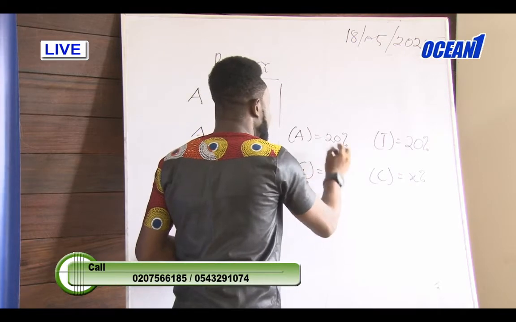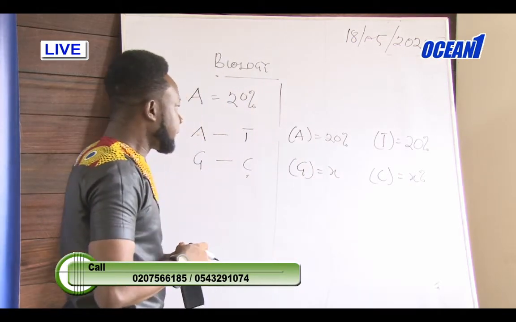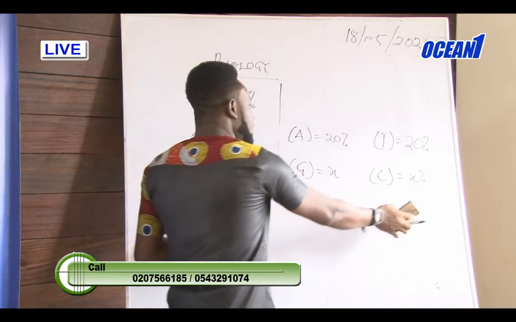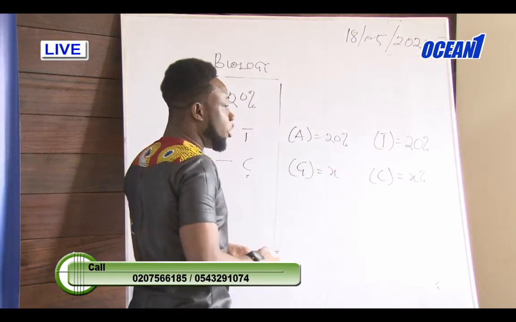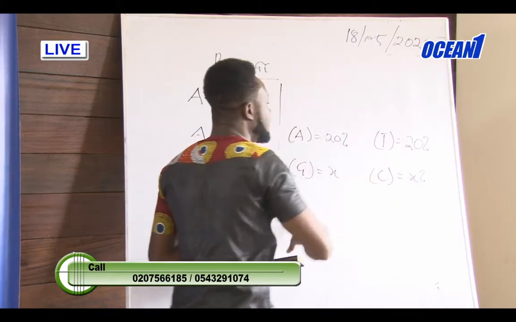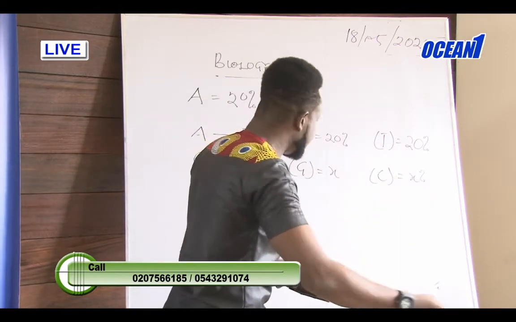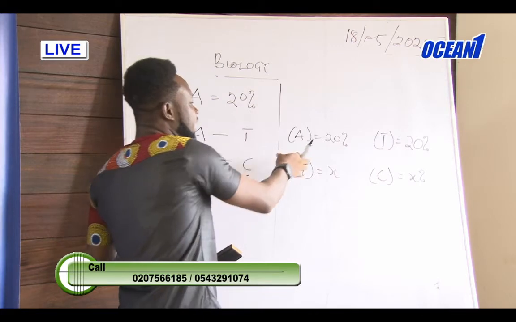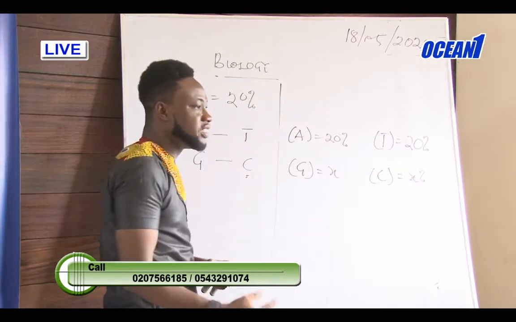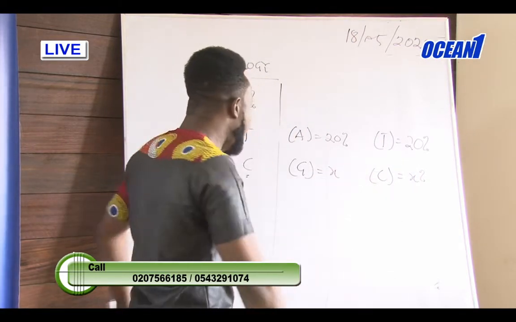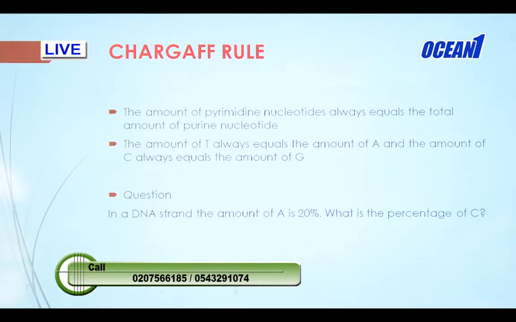So let's represent this one too with X. Then, based on the first Chargaff rule, the amount of purines should be equal to the amount of pyrimidines, or the summation of the purines and the pyrimidines should be equal to 1 or 100%. With that in mind, we can say that 20 plus 20 plus X plus X should be equal to 100.